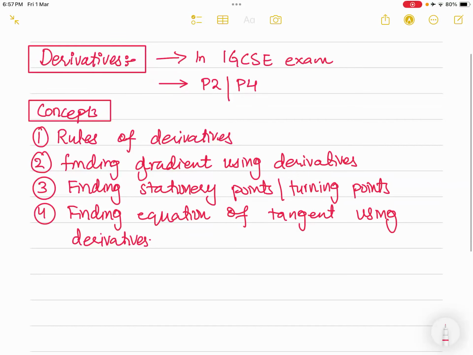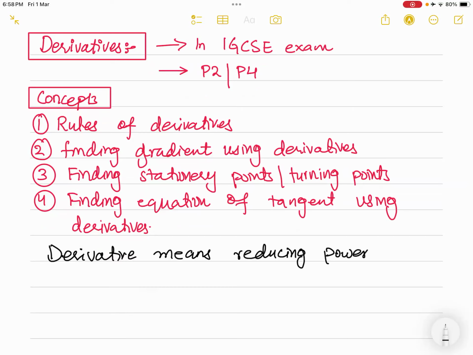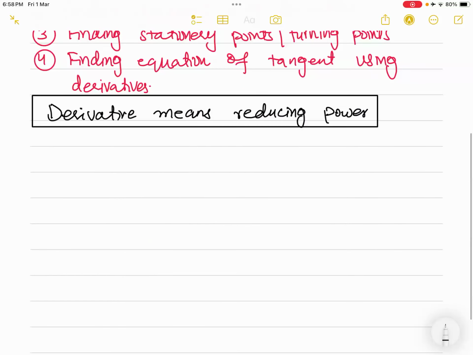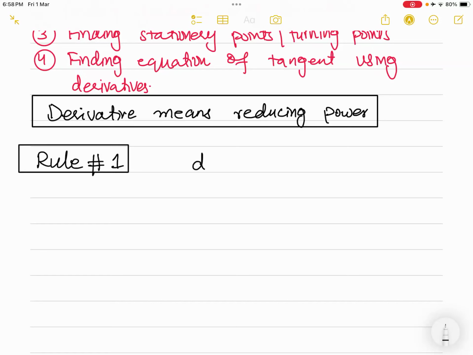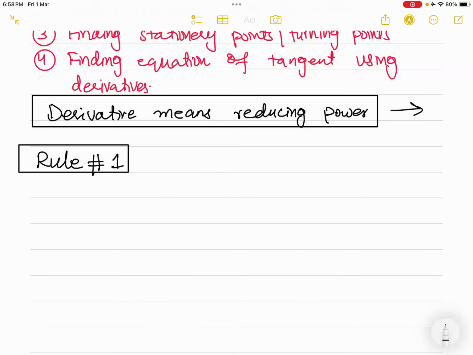Better remember one thing, what a derivative is. Derivative means reducing power. So rule number one is, when we take a derivative, it is represented by d by dx.